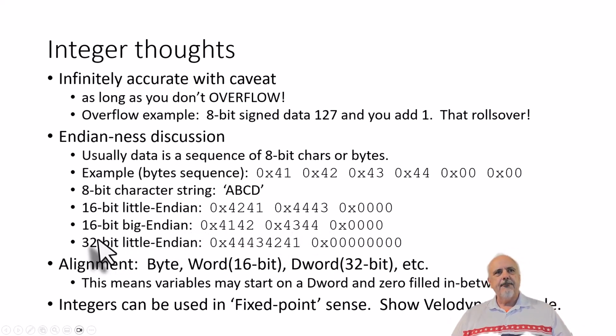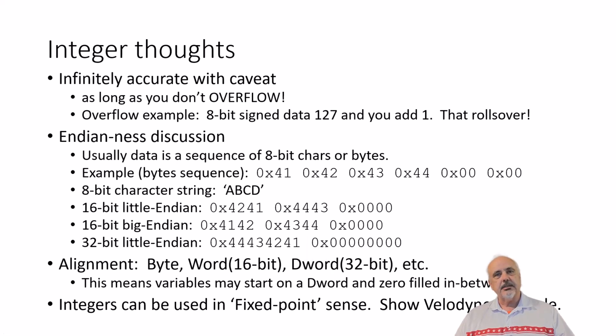So let's try 16-bit Big Endian. That means the A is going to be the high byte of the first word, the B is going to be the low byte of the first word, the C is going to be the high byte of the second word, and the D is going to be the low byte of the second word.